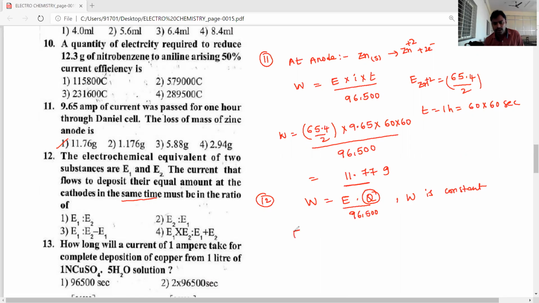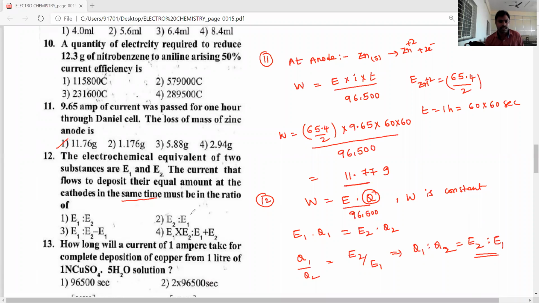Then E1 into Q1 equals E2 into Q2. So the ratio of the currents for deposition of equal amounts, Q1 by Q2, equals E2 by E1. Then Q1 is to Q2 equals E2 is to E1.